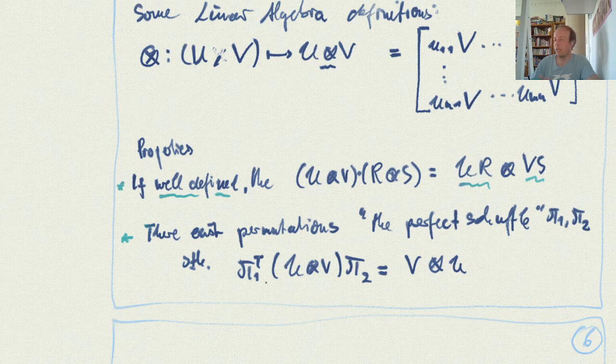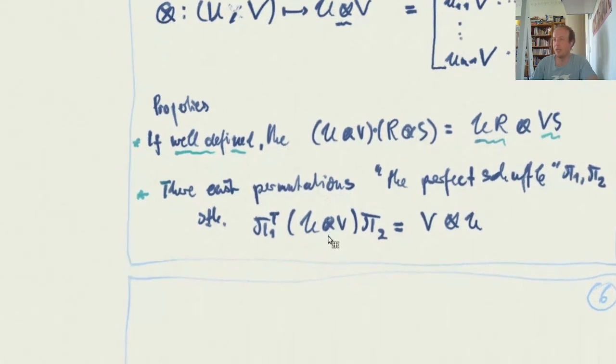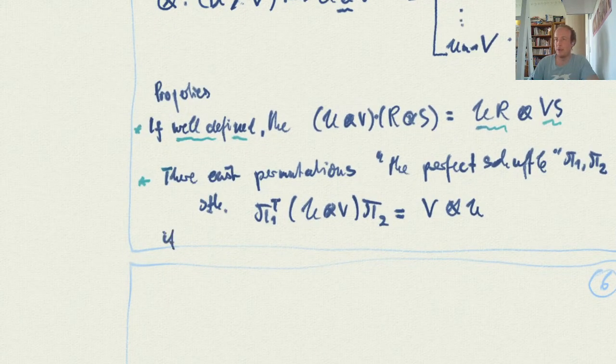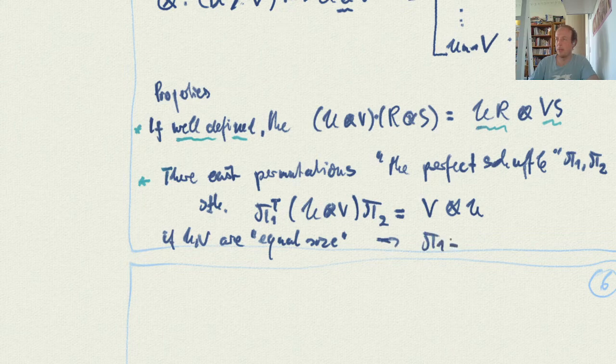One can take this product, resort it a bit, and then it's the product of V times U. Here we have the product U times V. If U and V are equal size, then Pi1 is Pi2, and we will just use the Pi.